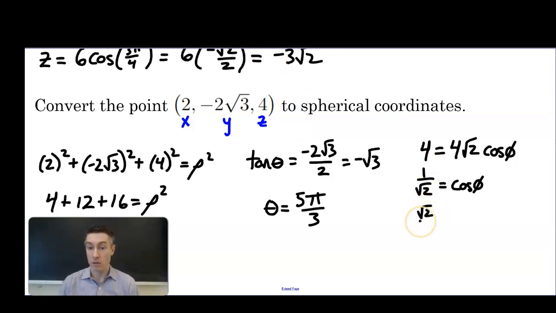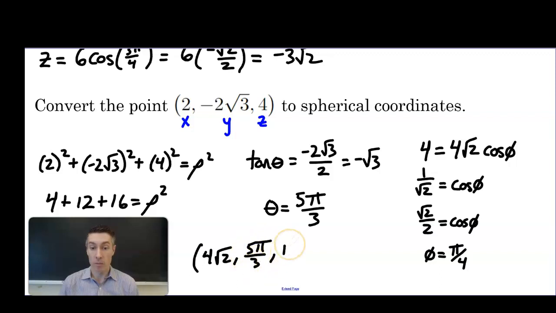So root 2 over 2 equals cosine phi. Phi equals pi over 4. And remember, we're only looking for angles from 0 to pi. So if it's a positive ratio, it has to be in quadrant 1. So that makes our point 4 square root of 2, 5 pi over 3, pi over 4. And there's our point in spherical coordinates.